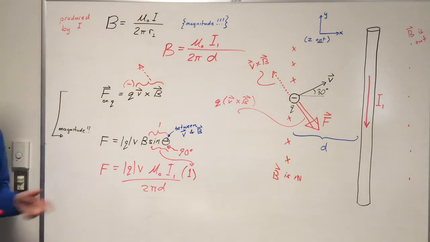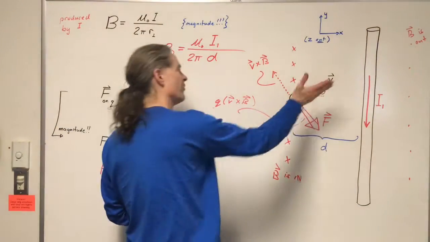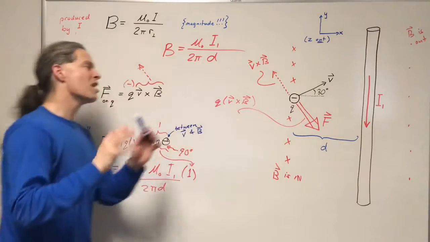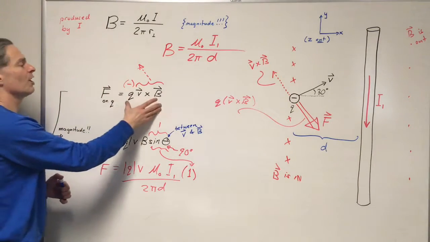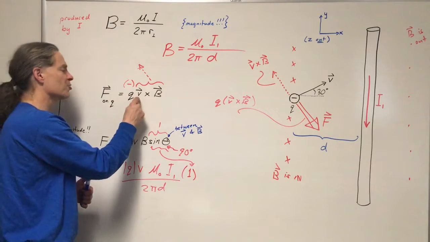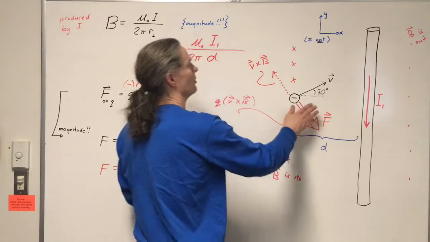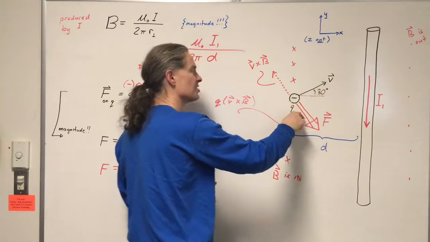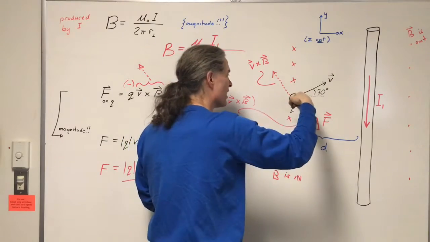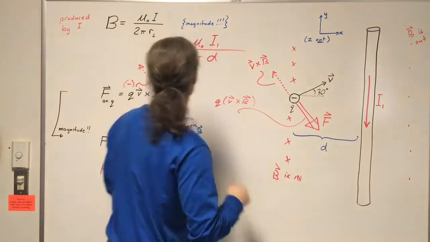Now, just some comments on that direction. It's possible with your fingers to be all sloppy. Is it this way? Is it this way? Remember, the cross product of any two vectors is guaranteed to be perpendicular to both the vectors in the cross product. So the only two directions in the universe that are perpendicular to the velocity and the magnetic field are this direction and this direction.